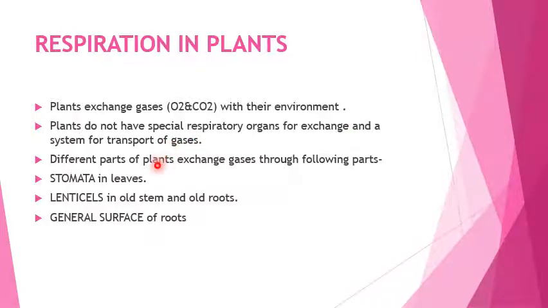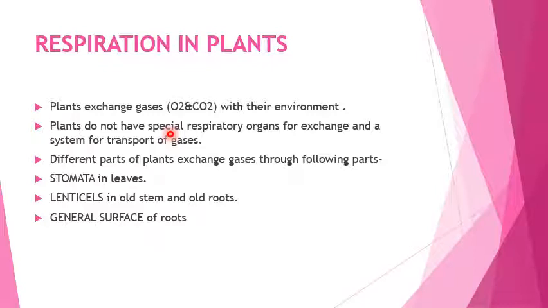Different parts of the plant exchange gases through different parts, that is stomata in the leaves, lenticels in the old stems and old roots, and the general surface of the root. But one thing you must remember is the exchange of gases, that is O2 and CO2.